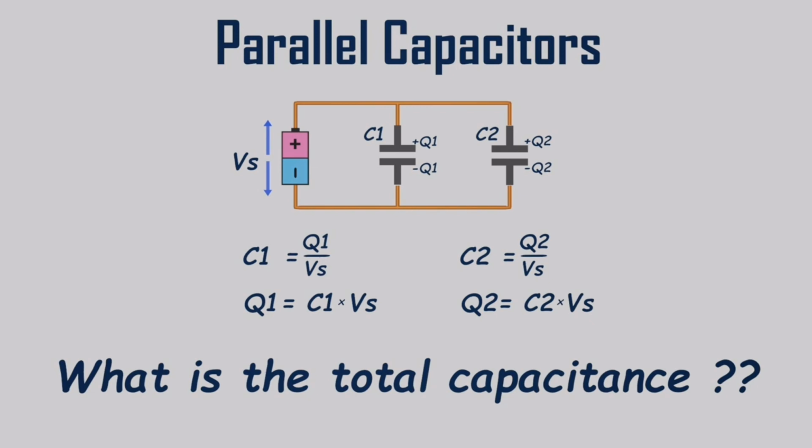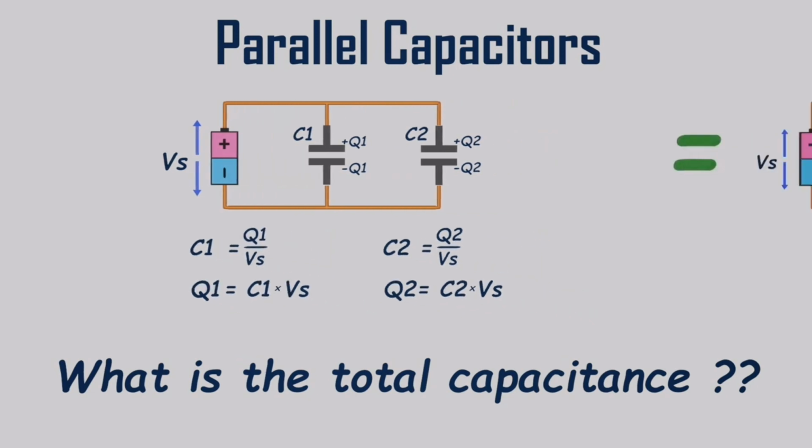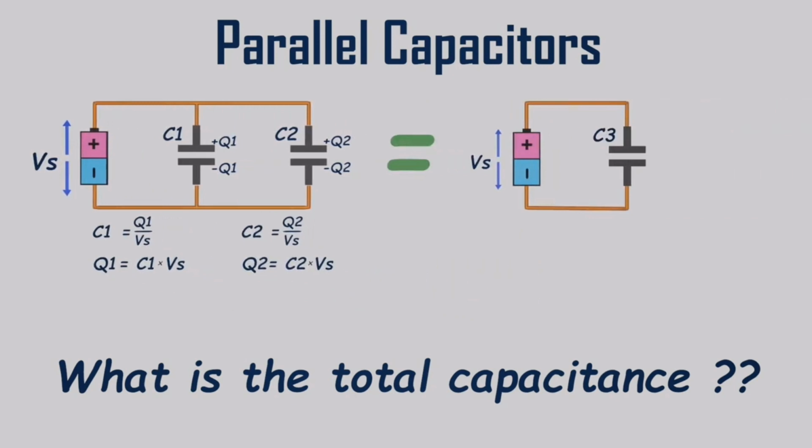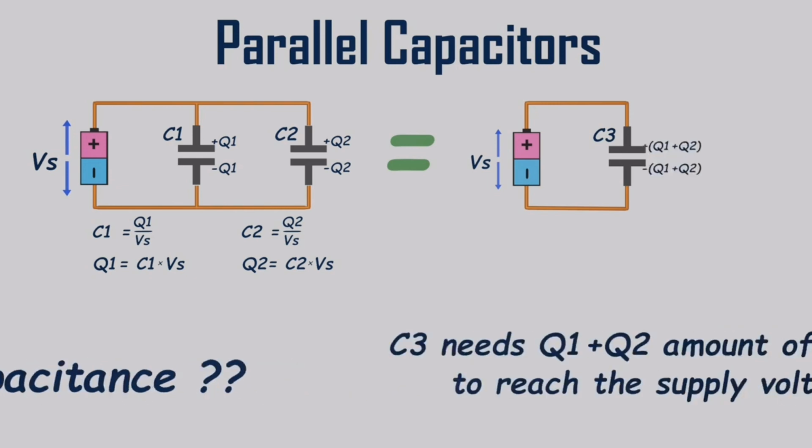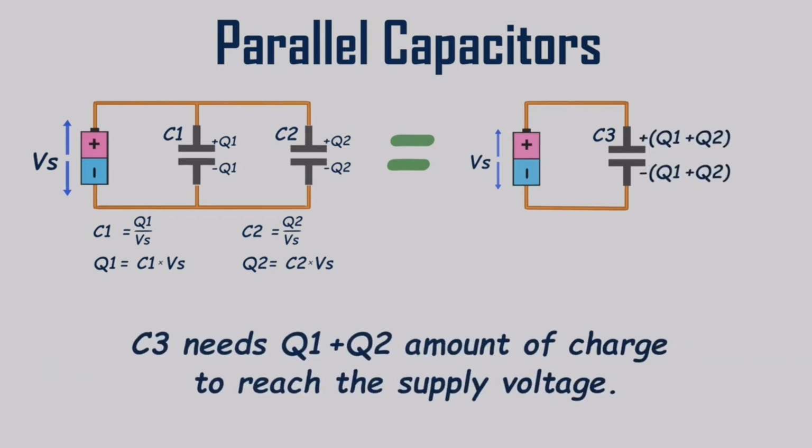To determine the total capacitance of this circuit, consider a single equivalent capacitor that replicates the combined effect of C1 and C2. This equivalent capacitor will have a capacitance value that represents the total capacitance of the circuit.